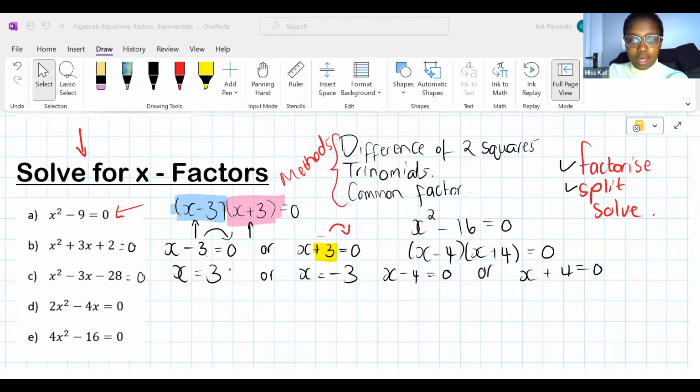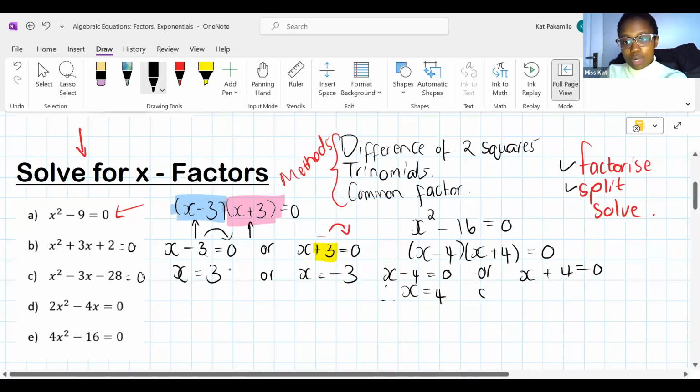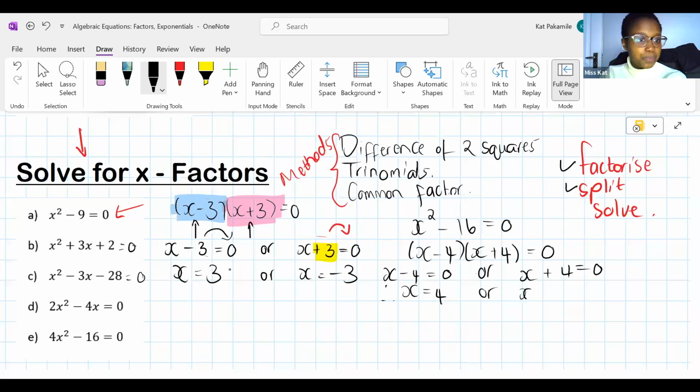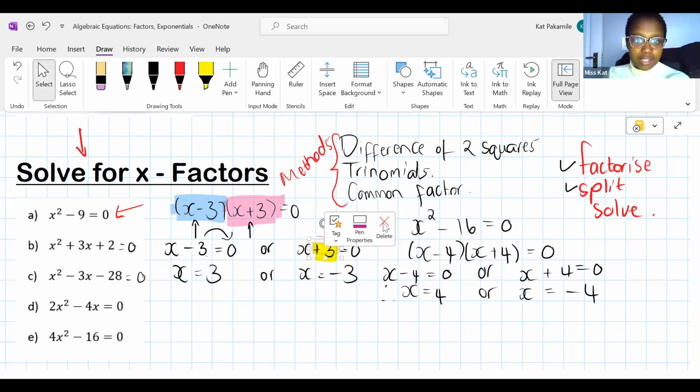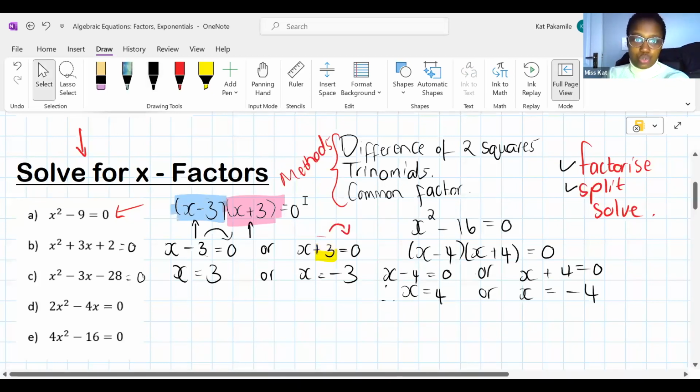Therefore, x is equal to positive 4, or x is equal to what? X is equal to either positive 4 or what? Thank you, our Kiwi. Negative 4. And Lesedi and Samgelo and Tai. You get it, guys? So that is how we do solving for x using factors.